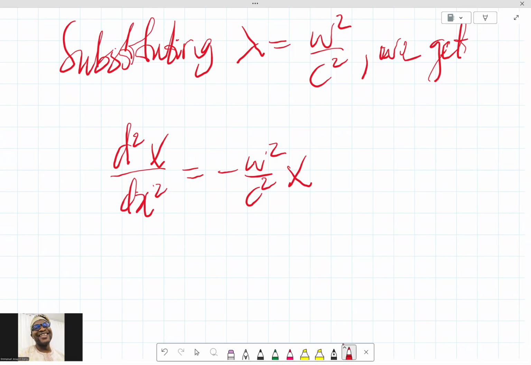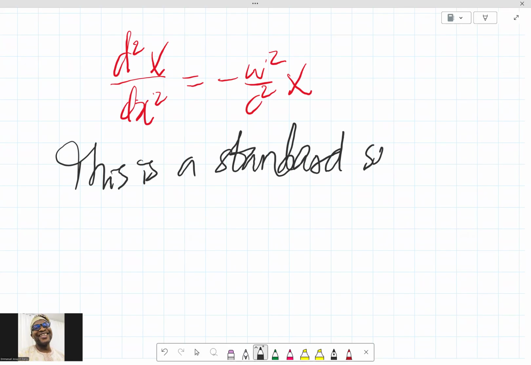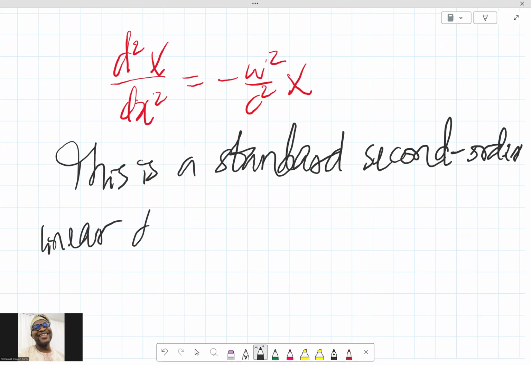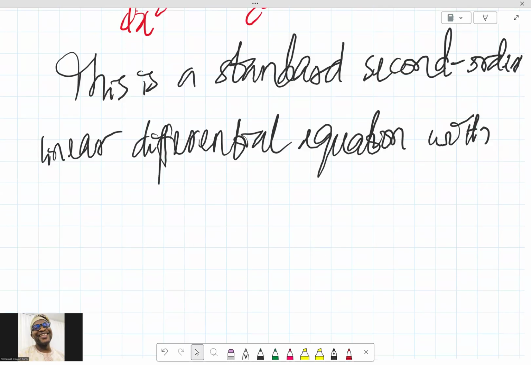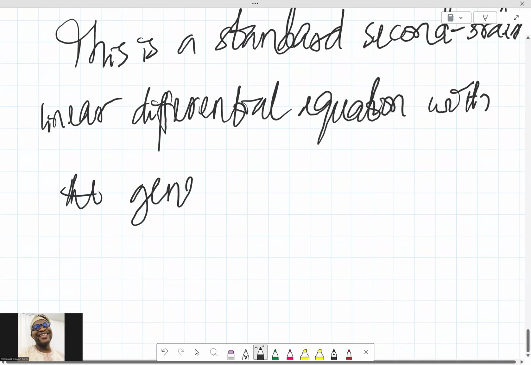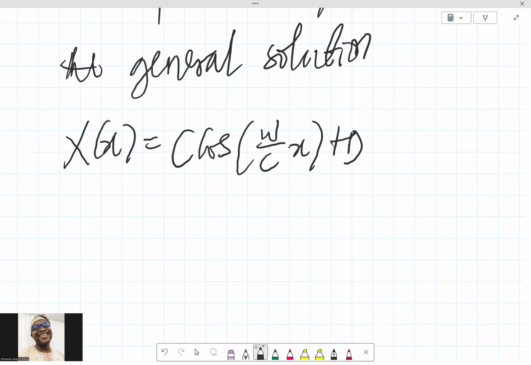Again, this is a standard second order linear differential equation, just like the other one, with the general solution X of x equals C cos omega over c x plus D sine omega over c x.